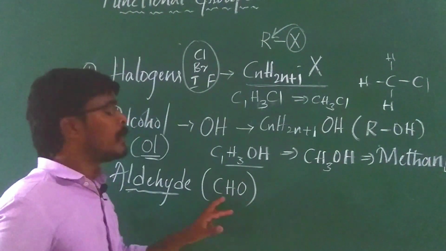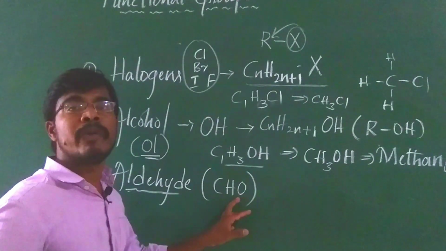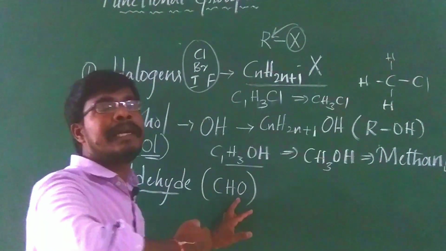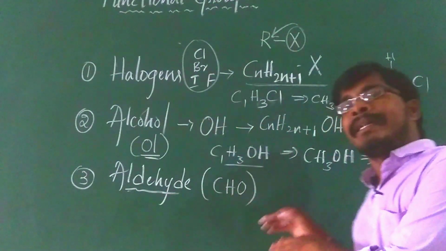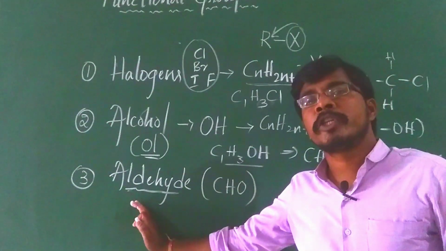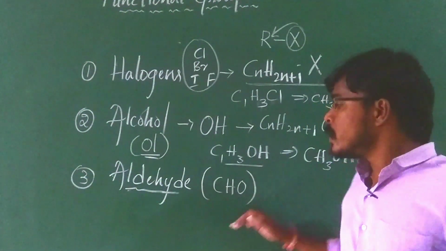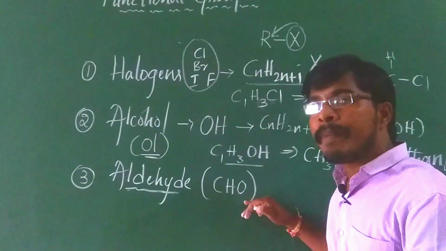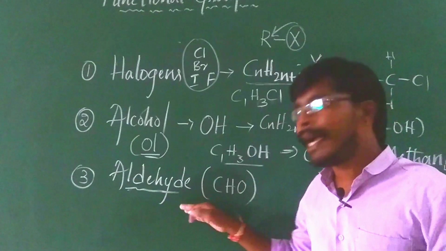And always this carbon, hydrogen, oxygen group will be present at the corner, at the end. It may be at the terminating level, at the end of the chain, or else in the initiating position, in the sense at the first position of the main carbon chain. So when the CHO group is present, then that type of compounds are called aldehydes.